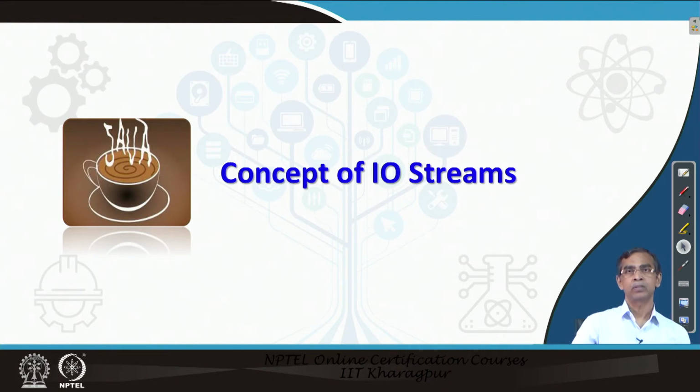As you know, a stream is basically a flow, a flow of data. Flow of data in Java is called a stream. Now consider how data is actually stored in computer memory.